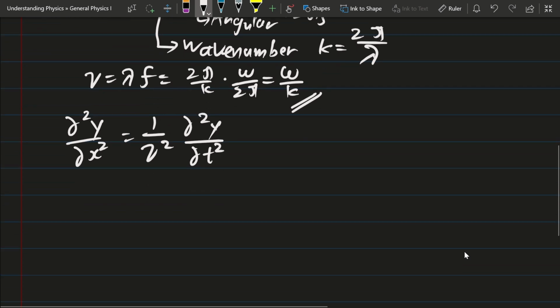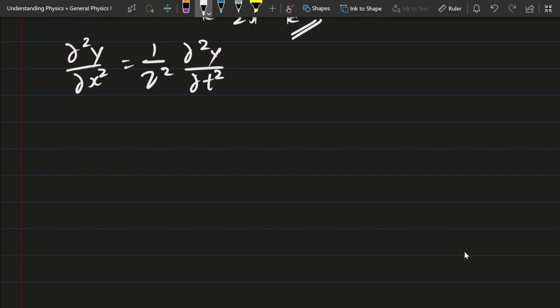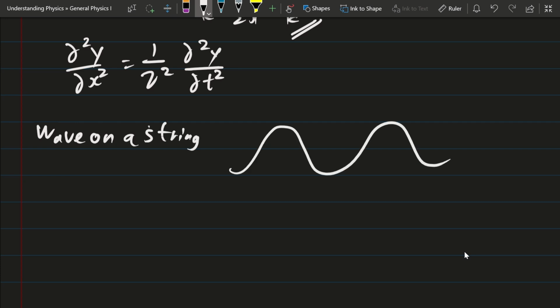We have now already talked about the mathematics behind waves. So now I want to derive one of the most frequently asked questions, which is about the wave on a string.